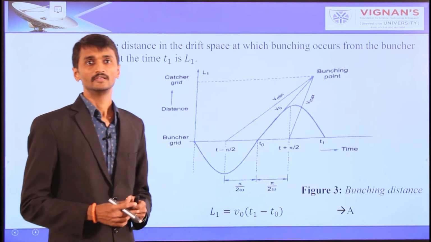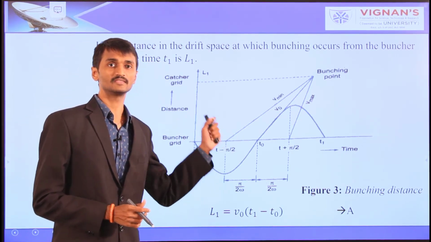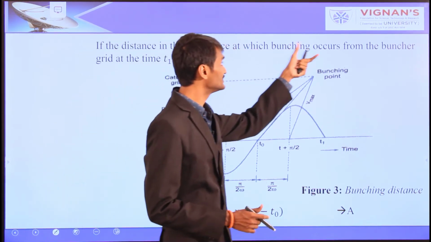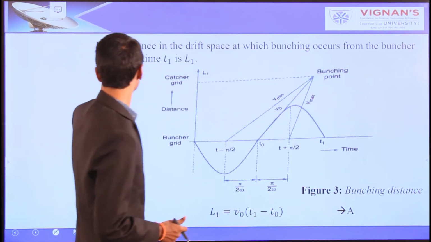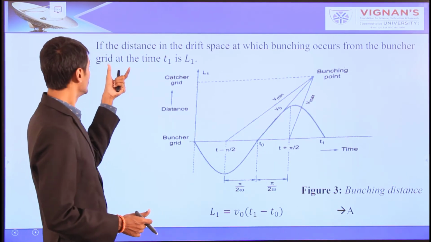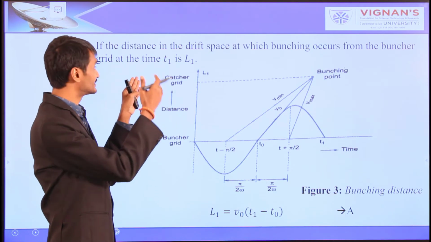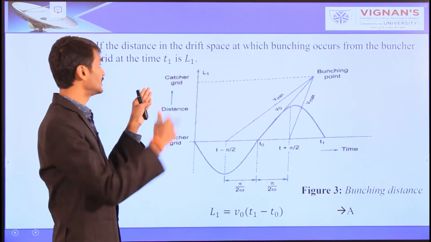Next, the distance in the drift space at which bunching occurs from the buncher cavity, from time t1, we are assuming as L1. We have already assumed the t0, t1, t2, t3 values.